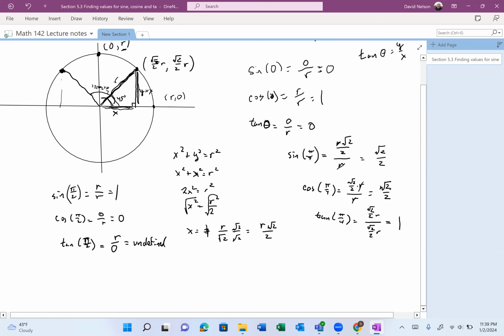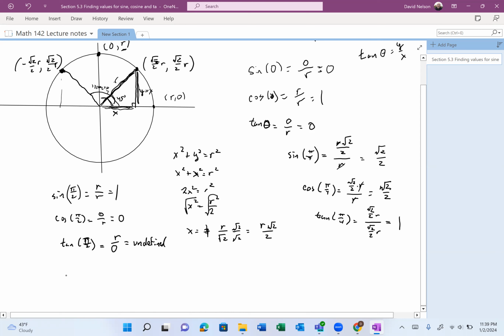The x-coordinate is going to be negative square root 2 over 2 times r, and the y-coordinate is going to be positive square root 2 over 2 times r. Our y-coordinate at this point is still positive, but the x-coordinate is negative.